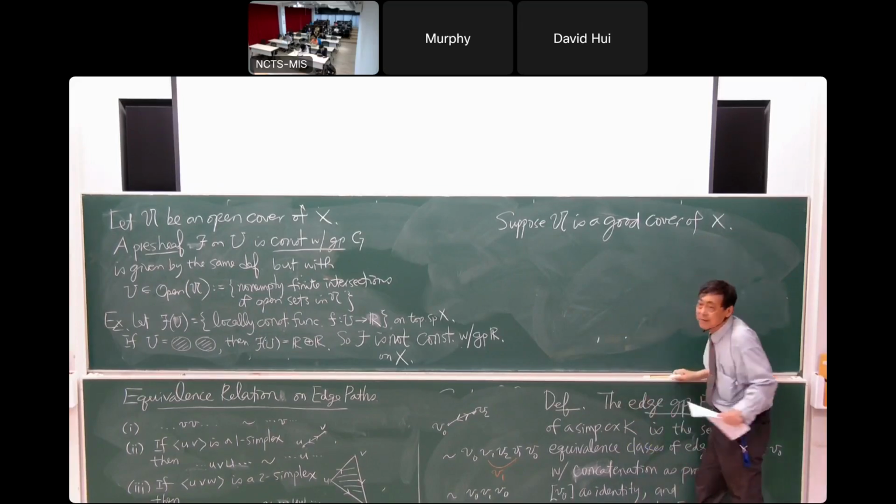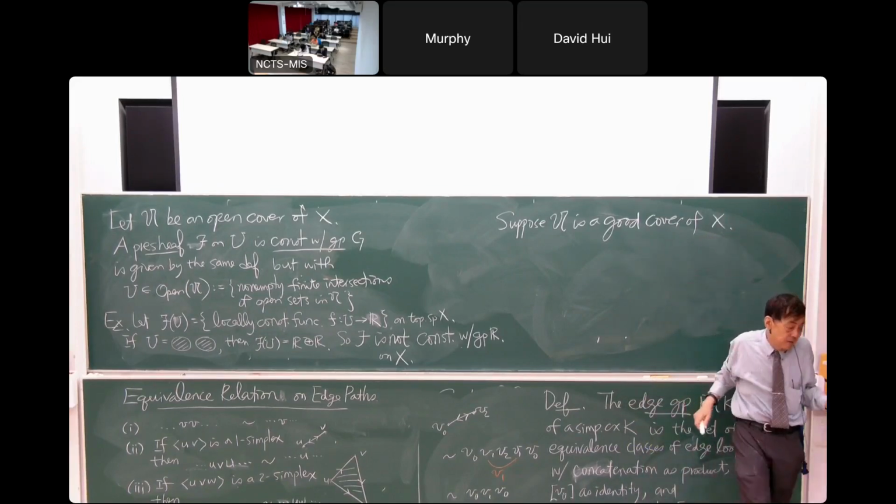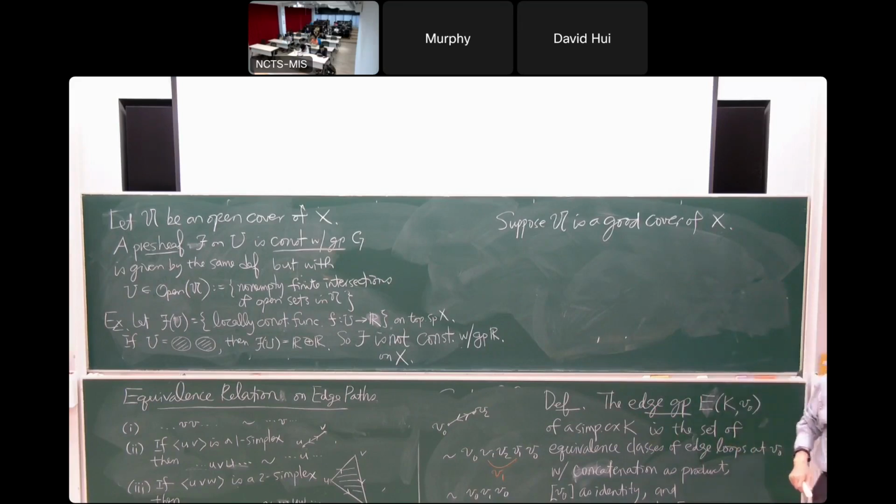Now for a topological space, what's the definition of a good cover? Well, for a manifold, we say that all the finite non-empty intersections have to be diffeomorphic to R^n.